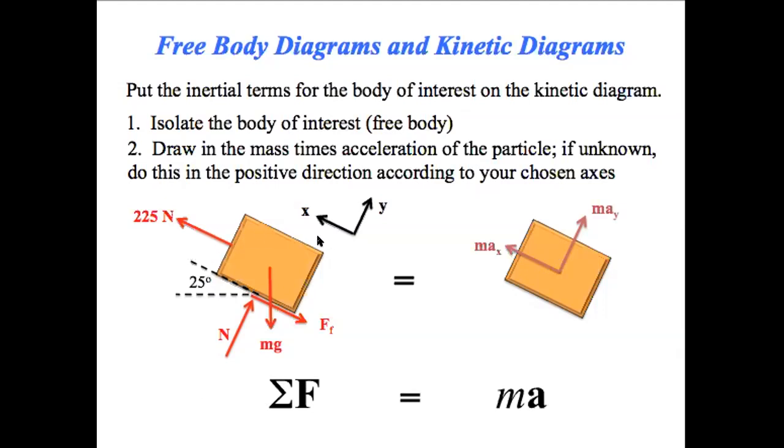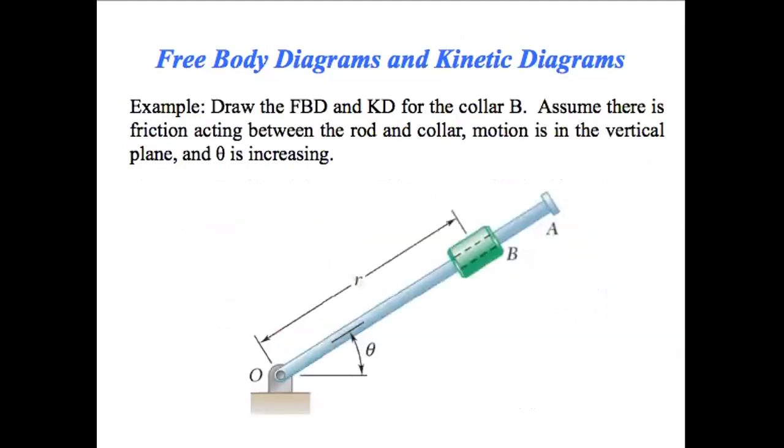So we assume the x-axis is positive toward the motion. The friction force, Ff, is always opposite the direction of motion. N is a normal force, perpendicular to the surface. And finally, weight as mg is in the negative y direction as always.